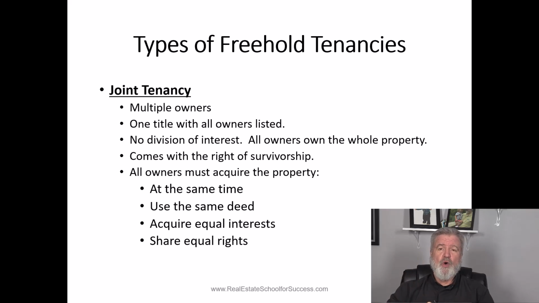Because now under joint tenancy, there's only going to be one title. Each owner will not get their own title. There's only going to be one title, and it will list whoever the partners are. In my example, there's three of us. So it'll list all three of our names, and it will state that all three own the whole property.